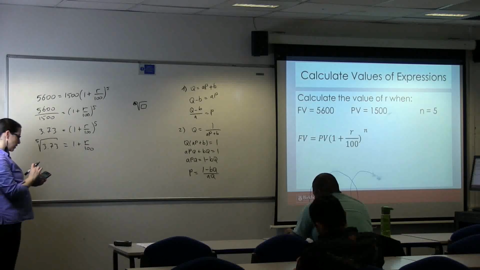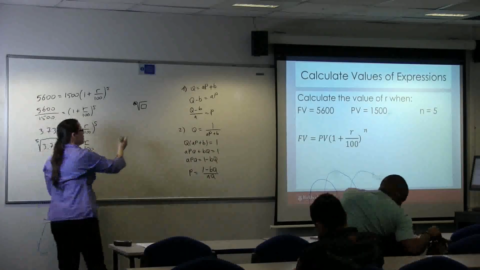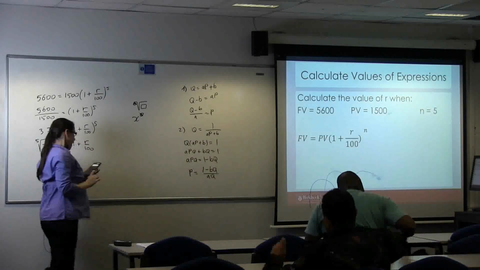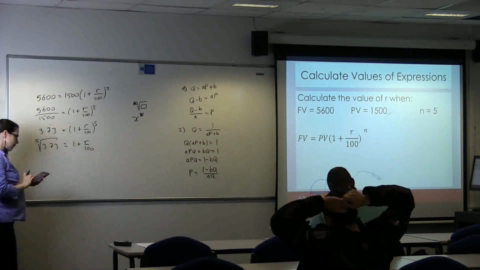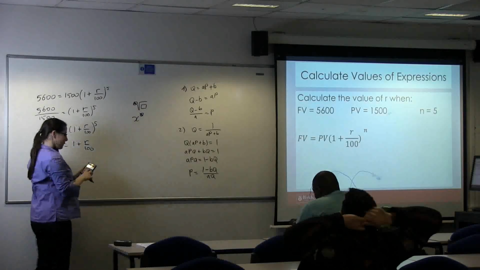So I need to press Shift, that button, which is directly on top of this button, and I need to press 5 into here.